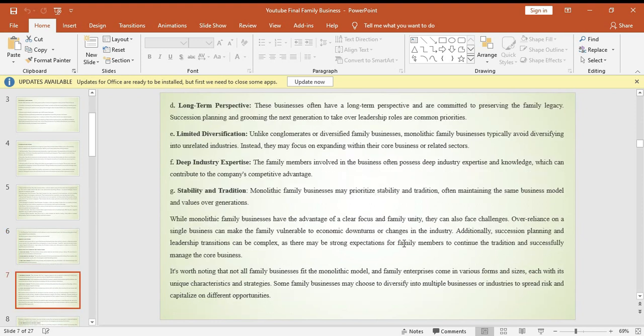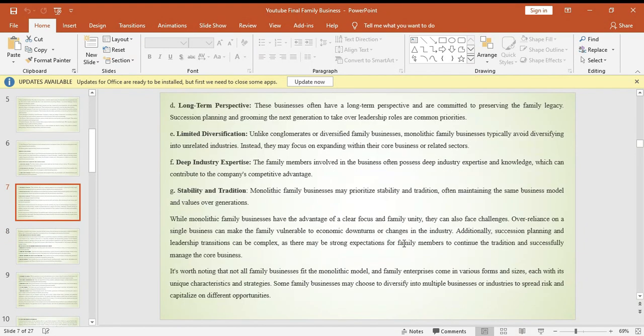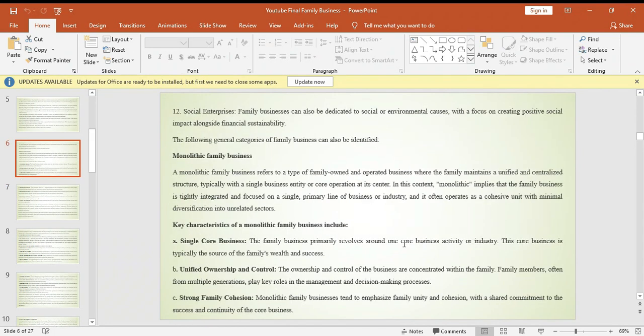C. Strong family cohesion. Monolithic family businesses tend to emphasize family unity and cohesion with a shared commitment to success and continuity of the core business.